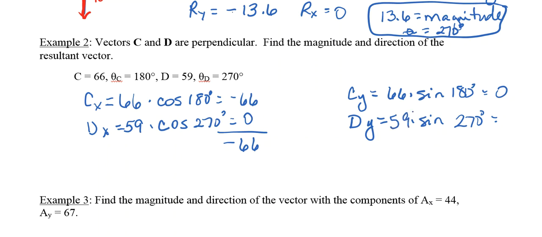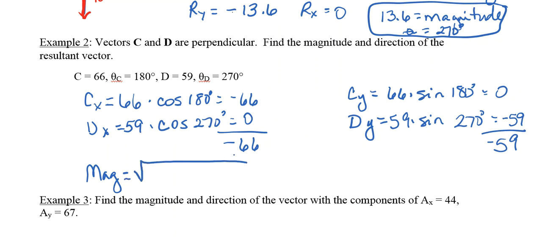So 59 times sine of 270 is negative 59. Go ahead and add those. We're going to get negative 59. So I have my two component parts. Now to find the magnitude, it's the square root of negative 66 squared plus negative 59 squared.